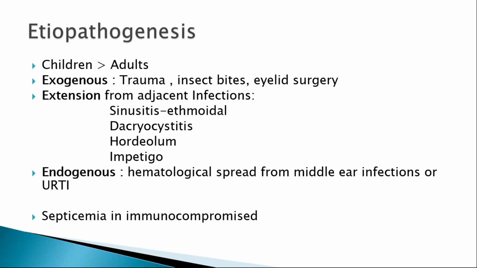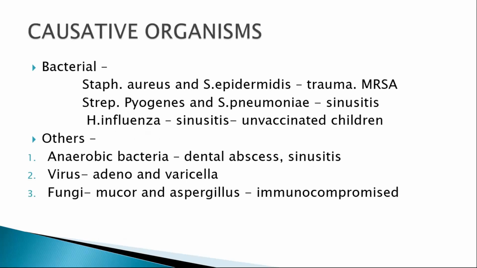Most common in children is sinusitis, the ethmoidal sinus being very close to the eye. The rest being dacryocystitis, hordeolum, and impetigo, when severe, lead to preseptal cellulitis. Endogenous is hematological spread from middle ear infections or upper respiratory tract infections. Rarely, in immunocompromised patients, septicemia could also lead to preseptal cellulitis.